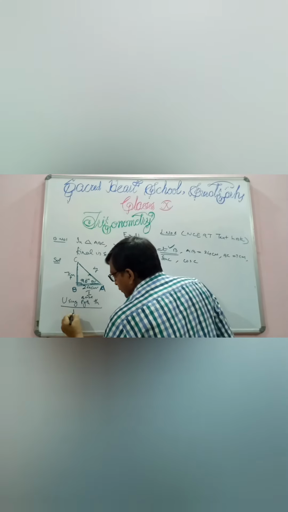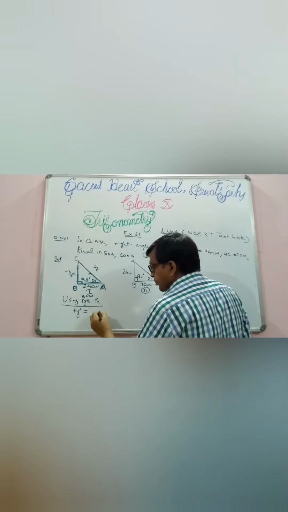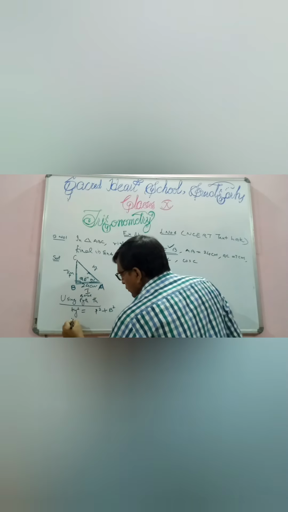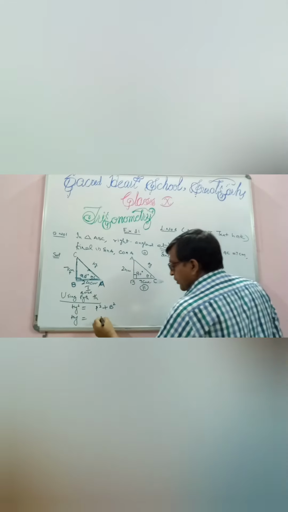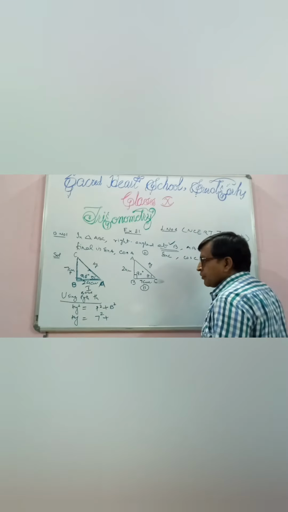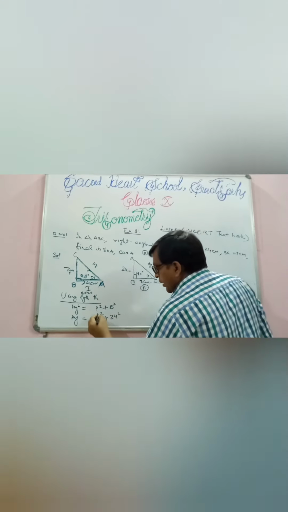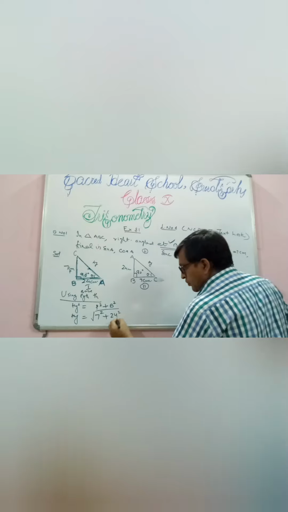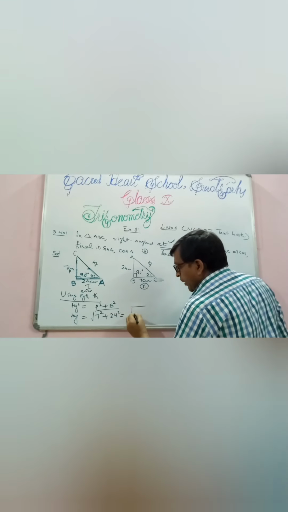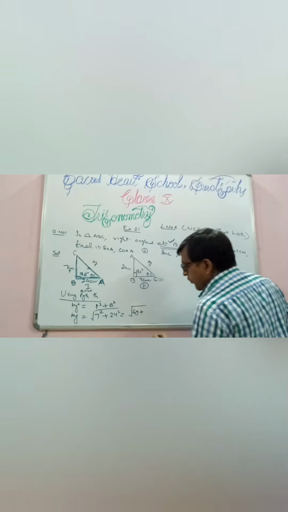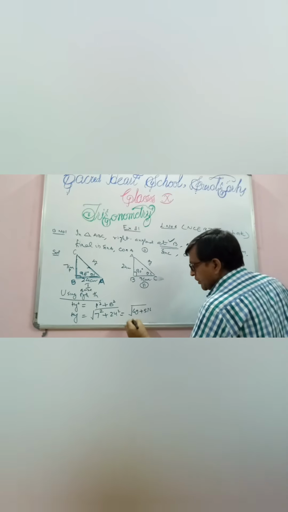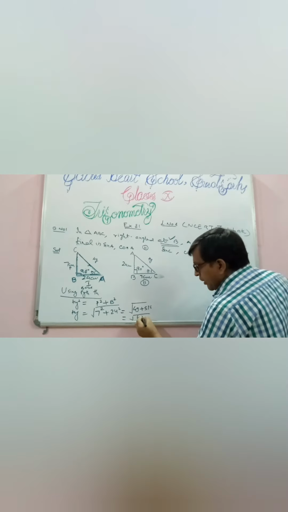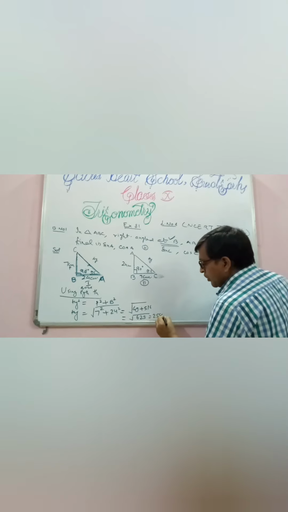We have the formula: hypotenuse squared equals perpendicular squared plus base squared. Perpendicular is 7 squared, base is 24 squared. 7 squared is 49, 24 squared is 576, and 49 plus 576 is 625. The square root of 625 is 25 cm.